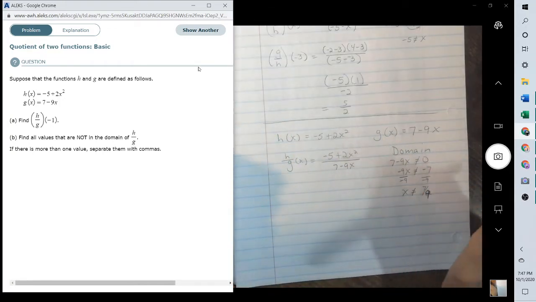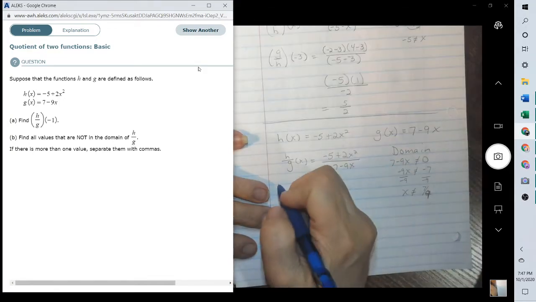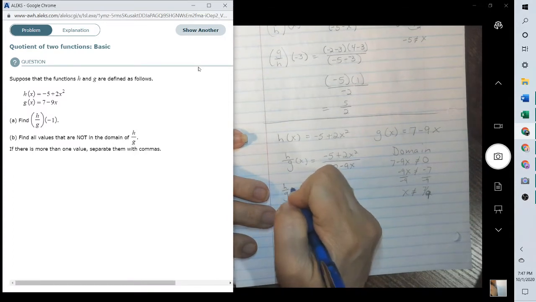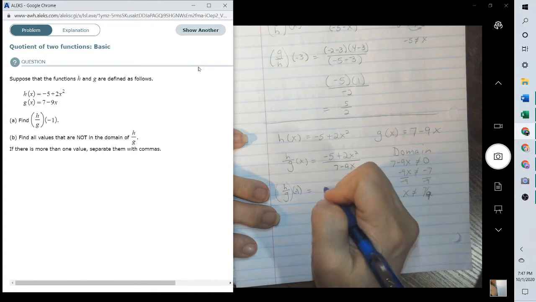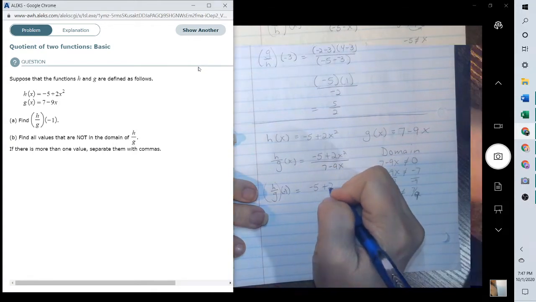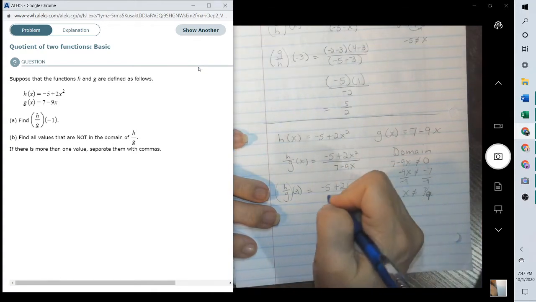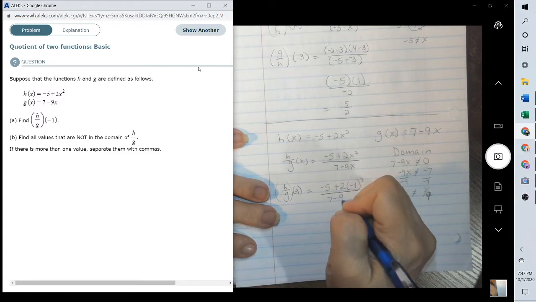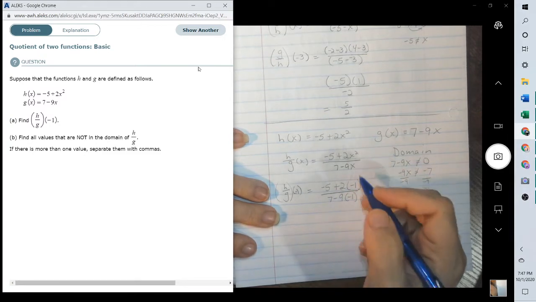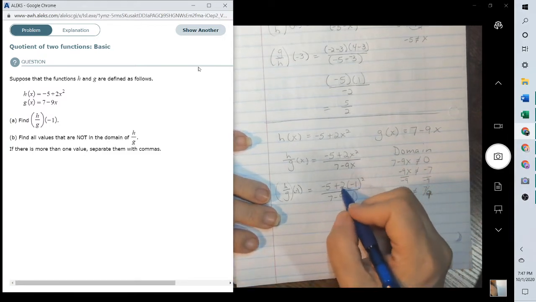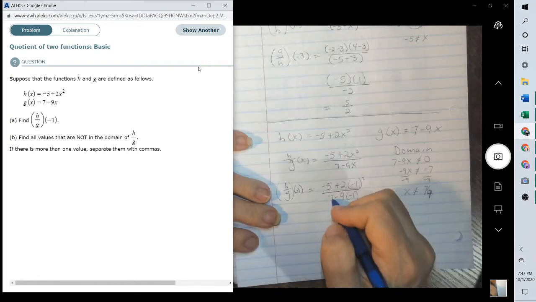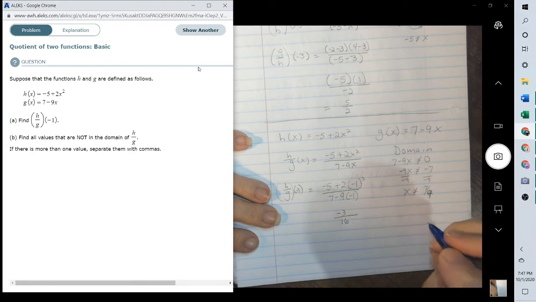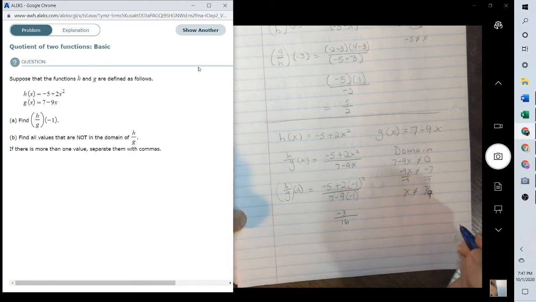And then plug the value in, negative 1. So negative 3 on the top, 9 and 7, 16 on the bottom, negative 3 over 16.